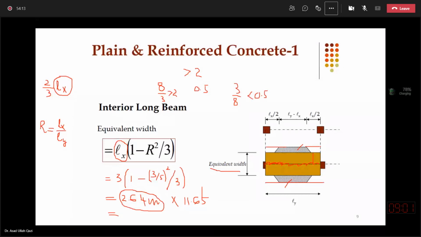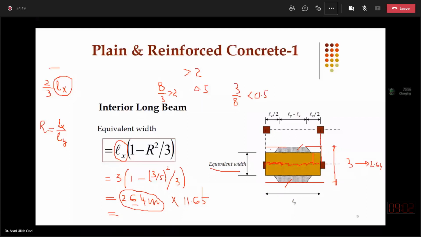In a two-way slab, since the load distribution is two-way, we dropped the equivalent width from 3 meters to 2.64 meters, because some load will be transferred to the short beam, which we have estimated as 2 by 3 Lx.